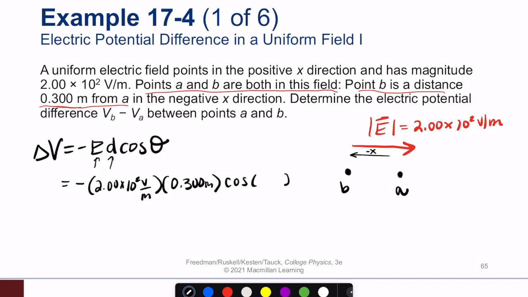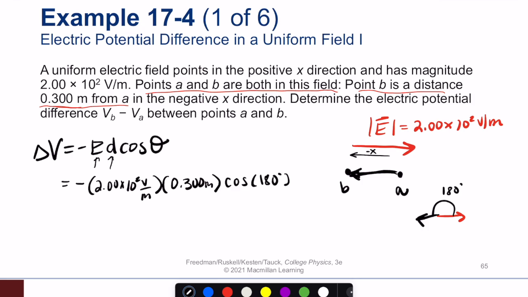Okay, the move from A to B. So theta is the angle between the E vector and the d vector. Okay, so the E vector is pointing to the right, and the d vector, or the displacement vector, well, that's going from A to B, which is moving to the left. So the angle between those two vectors is going to be 180 degrees.